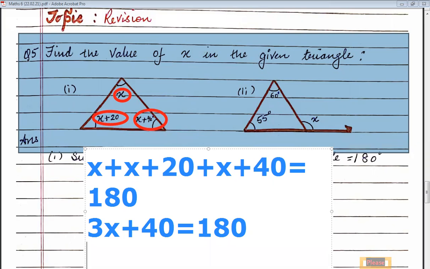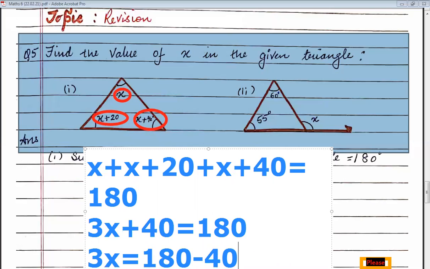Now children, this is your equation and you know the transpose method. So 40 will go that side and subtract from 180. That is 180 minus 40. So your final answer after subtraction is 140.